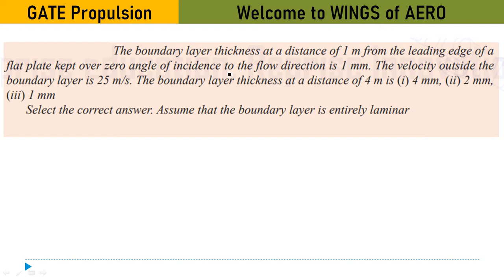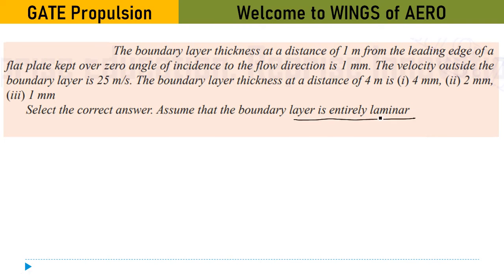Now the next thing is very important, that we need to understand what the given data are and what they asked us to find. First, they have said the boundary layer thickness at a distance of 1 meter from the leading edge. So when the plate is at 0, it is 1 meter, right?